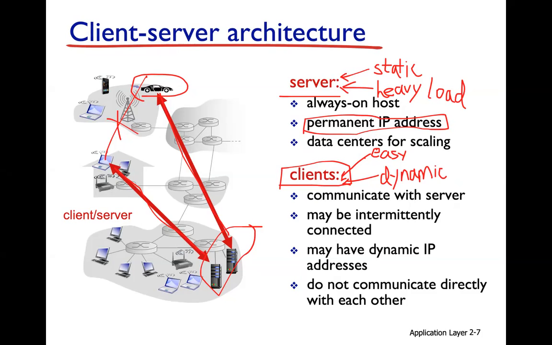Then we have a very famous problem there. If you are interested in research on client-server architecture, then this is like TCP, where congestion control is one of the 10 most important questions.